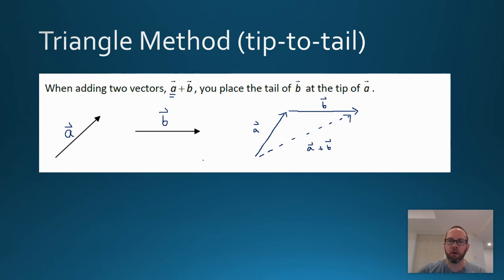Now, alternatively, I wanted to show you guys a different kind of notation for this. Let's say that this vector, A plus B, runs from point A to point B to point C. I'm just going to give names to these points.